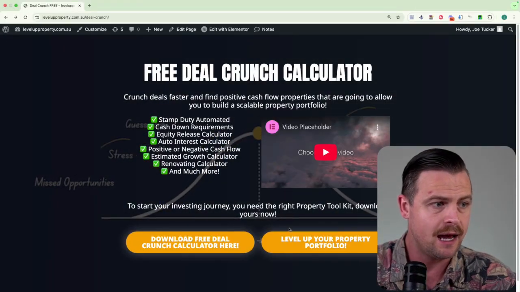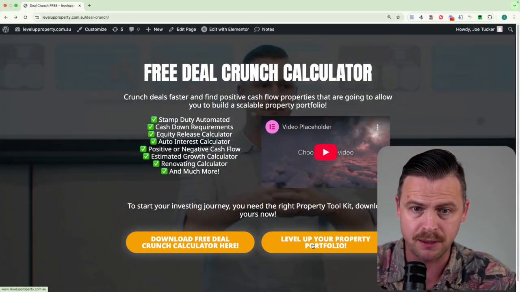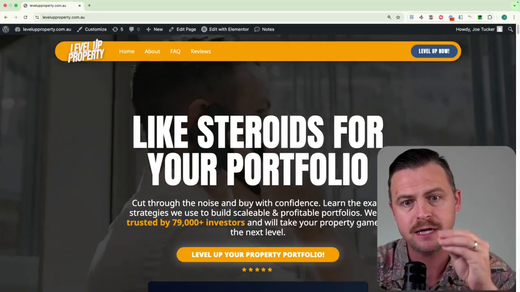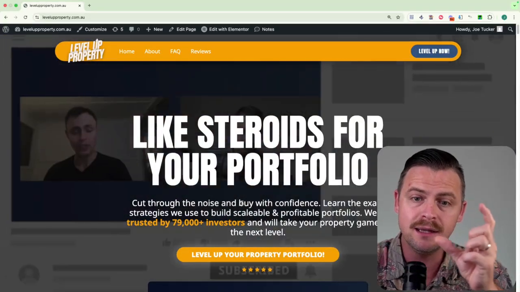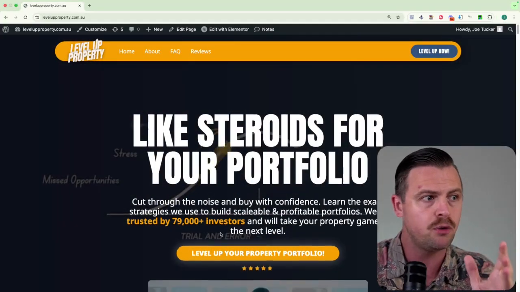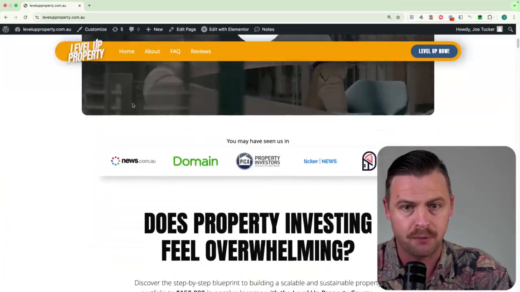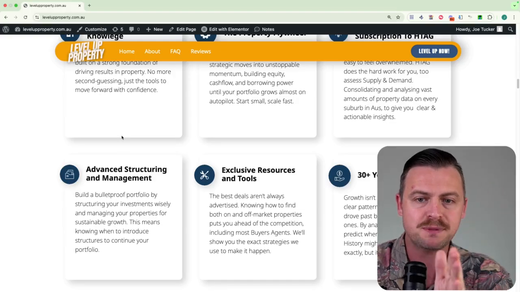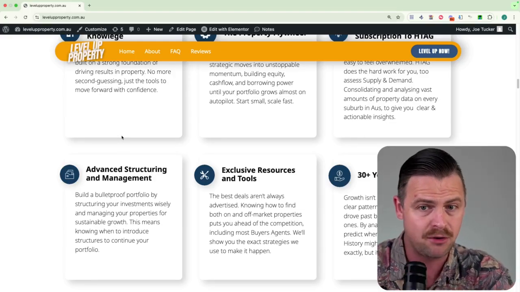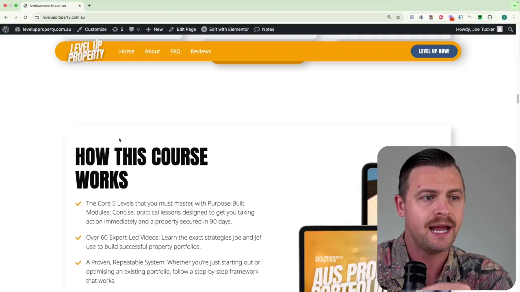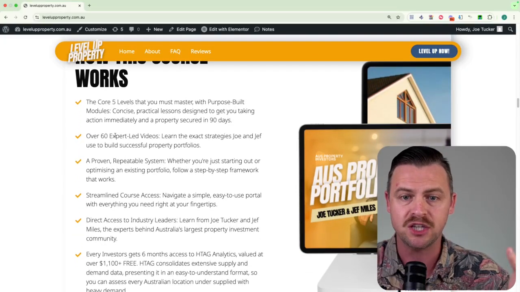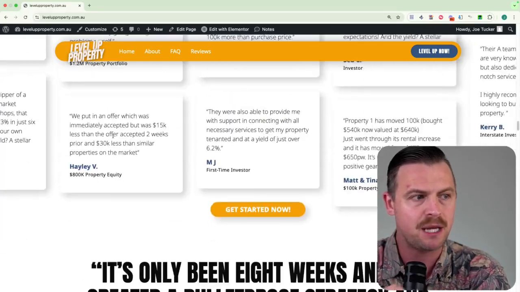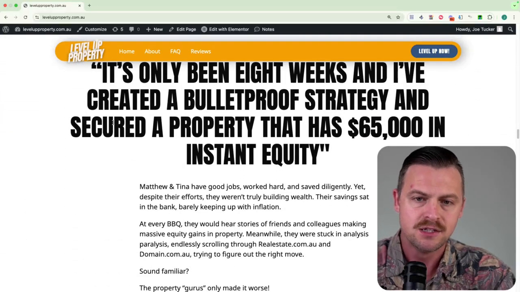Now you have one of 2 options. You can choose to level up your property portfolio, right? This free Deal Crunch calculator is one little section of the overall pie of the Level Up Property course. The whole point of this course is to take you from knowing absolutely nothing about property, or you may already have 5 properties, to creating a portfolio that gives you eventually $150,000 in passive income with every single step in the process along the way so that you never miss out.